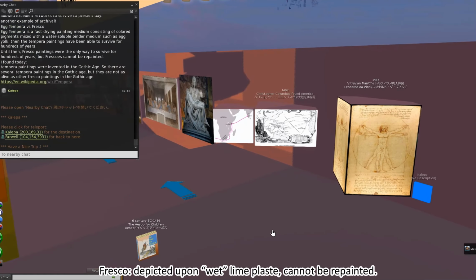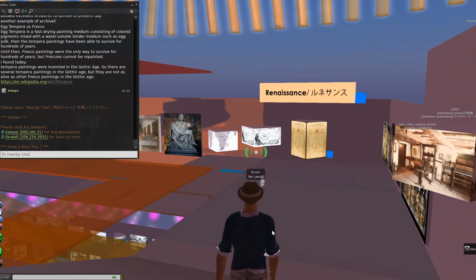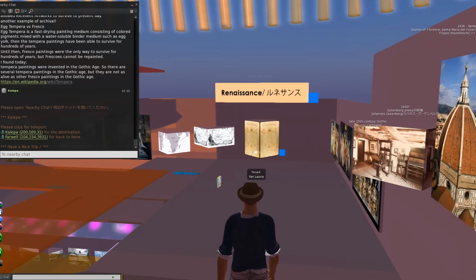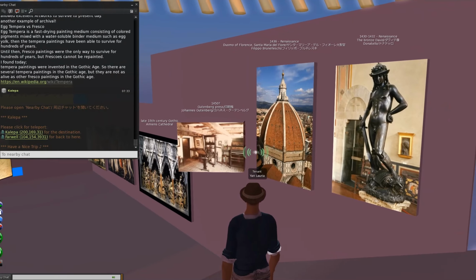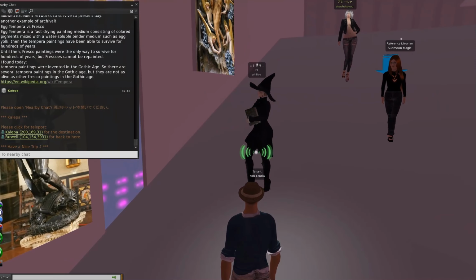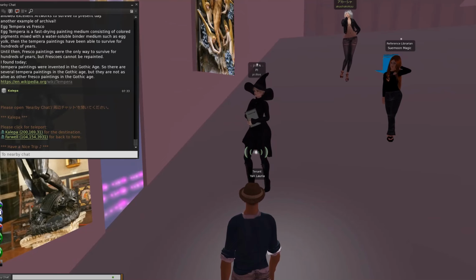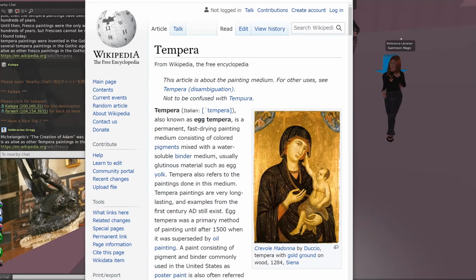Several hours ago, I found tempera paintings were invented in the Gothic age, not the Renaissance, but the Gothic age. There are several tempera paintings in the Gothic age, but they are not as alive as other fresco paintings in the Gothic age. So I open Wikipedia and show you.